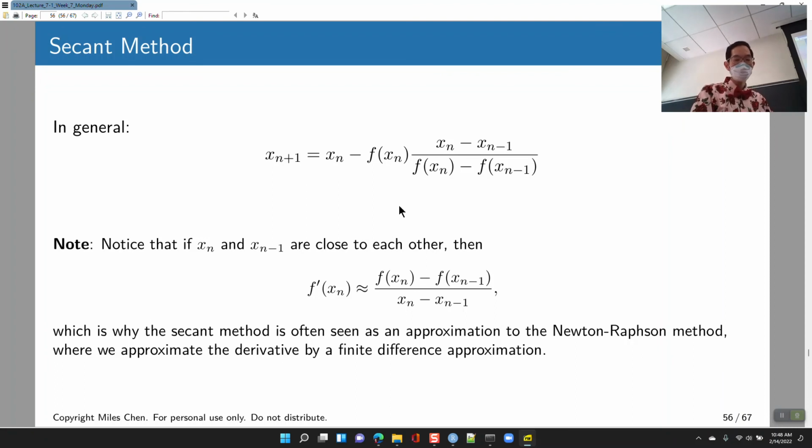So plugging all of that in, x at the next iteration, n plus 1, is x at your current iteration minus f of x at your current iteration times 1 over the approximated slope, which is the difference between x at time n and x at the previous time. And we've got that.